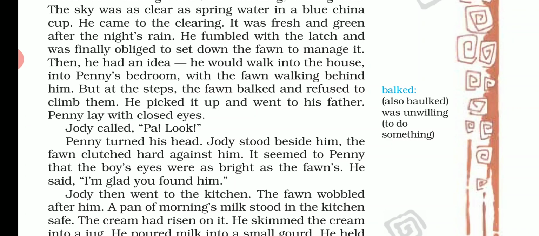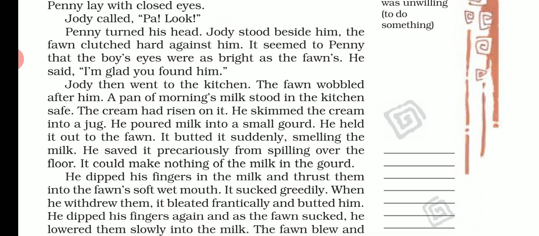As soon as the fawn saw Penny, it stood behind Jody. But Penny could see Jody's eyes as bright and glowing as the fawn's. Penny expressed his happiness over Jody having been able to find the fawn. Jody's father was very happy to find the fawn.